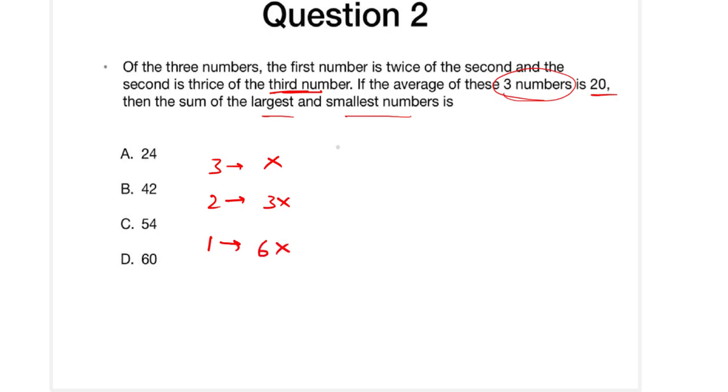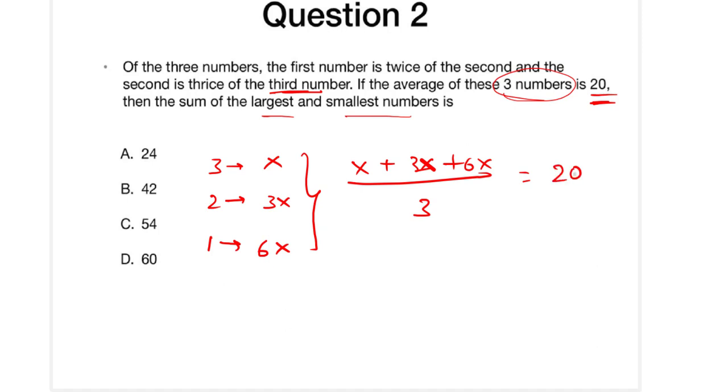So let us take the average of these three. So the average is going to be x plus 3x plus 6x by 3, which equals the average they already gave, 20. So 10x by 3 is equal to 20, so 10x is equal to 60, so x is going to be 6.